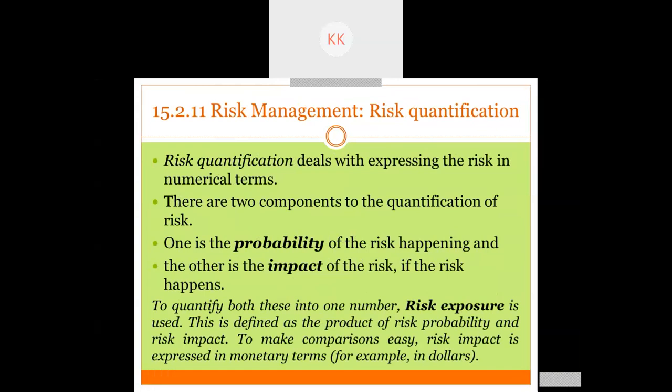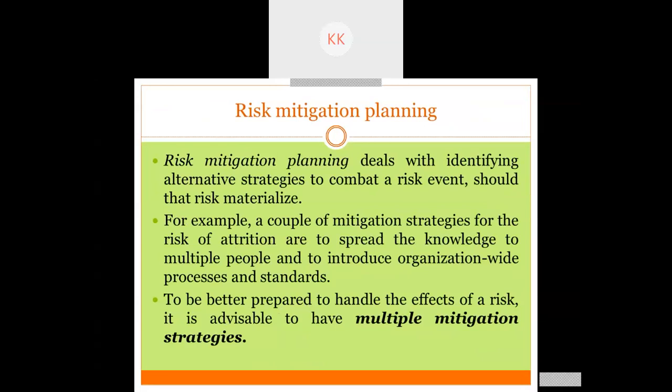We will calculate a common factor called the risk exposure, which is the multiplication of probability and impact, which will give you a value that will decide the impact of the risk, or what will be the consequences of that particular risk.